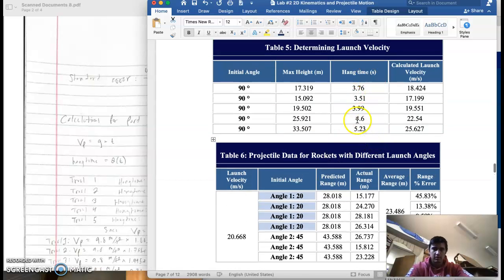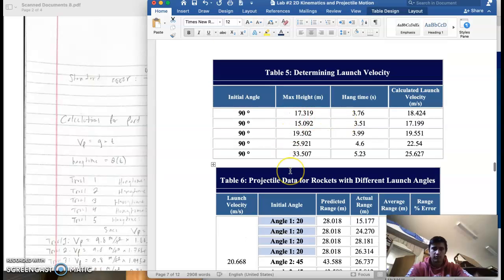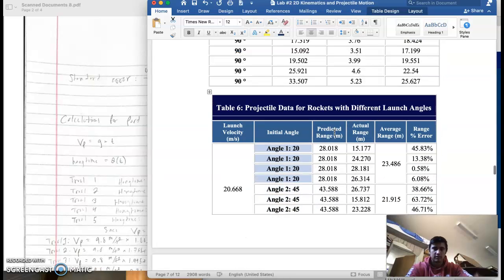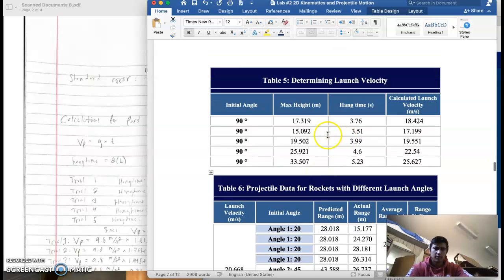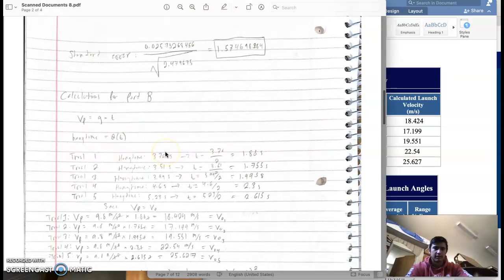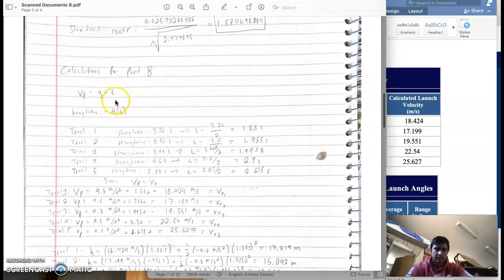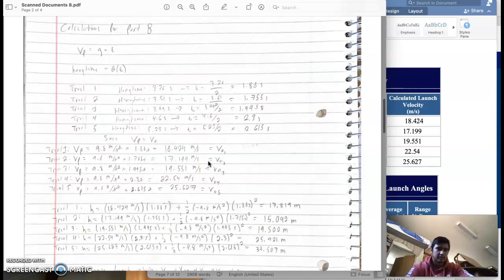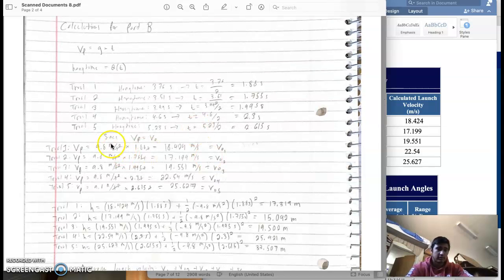there's the hang time for the first part of the 5 trials, and then each of the 3 angles got 4 trials. So I recorded the hang time with help, and then from the hang time, I cut it in half to get the time to fall, and then calculated the final velocity through gravity and the time to get the initial velocity.